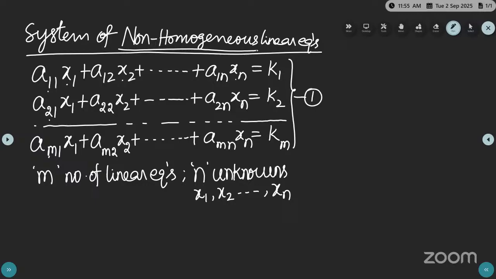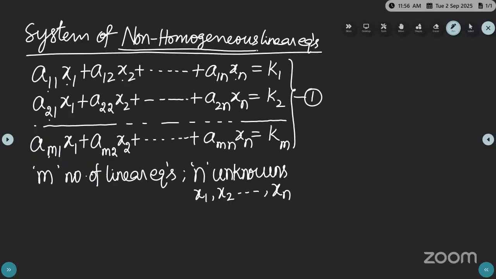This is the system. Actually, we are discussing the matrix form and the rank only, to find the solutions of this kind of system of equations, whether it is homogeneous or non-homogeneous. This is a non-homogeneous system.